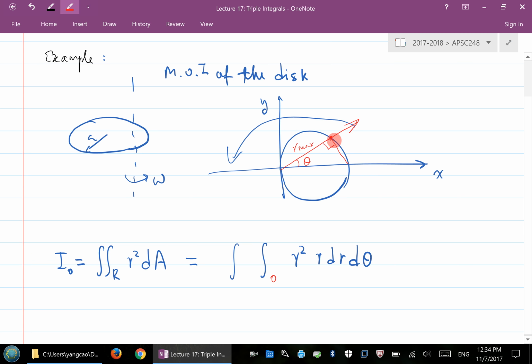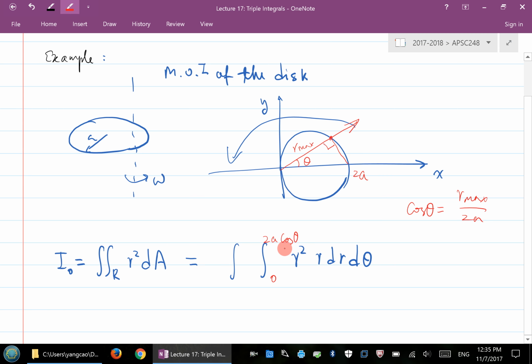The hypotenuse length is 2a. So you can say cosine theta equals r max over 2a. So r max equals 2a cosine theta. So that's your r max.